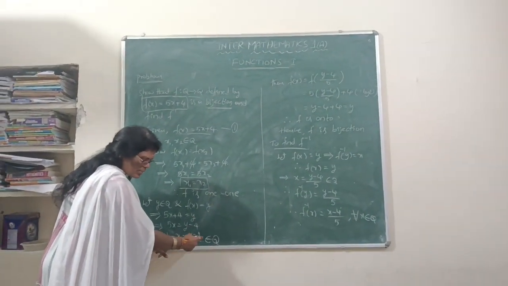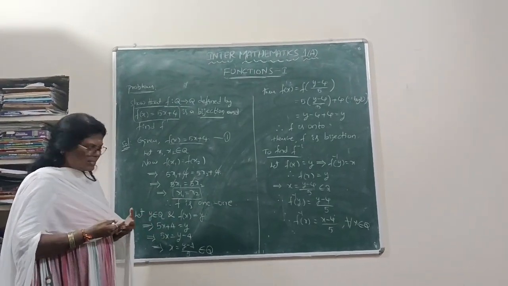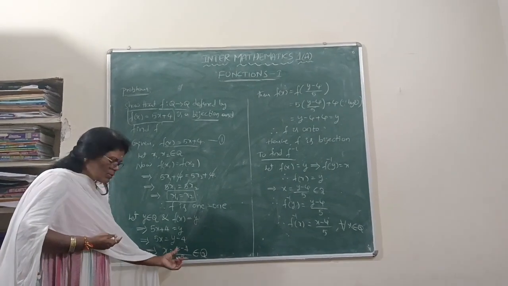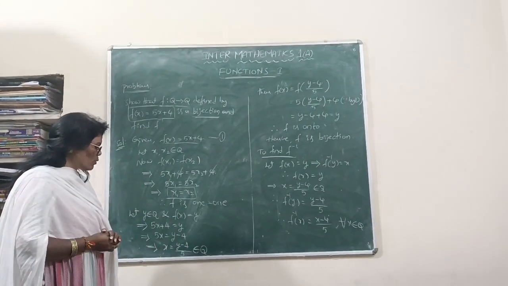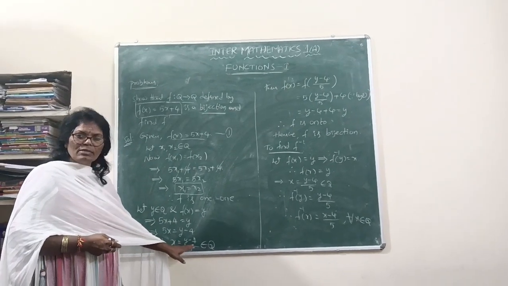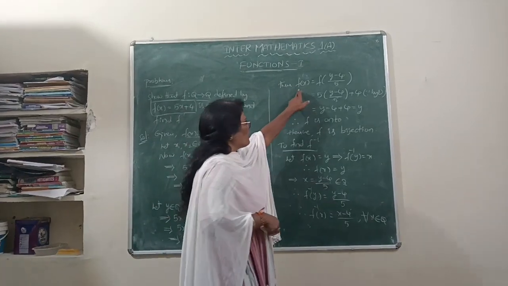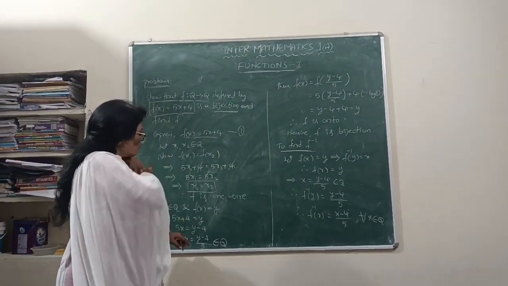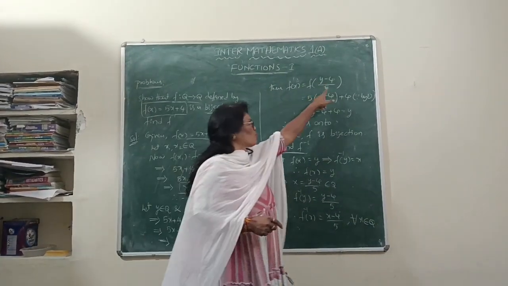This value is an element in Q. Q is the set of p by q, so obviously it is a rational number, an element in Q only. So the x value we have is y minus 4 by 5. Then f of x is equal to f of y minus 4 by 5.